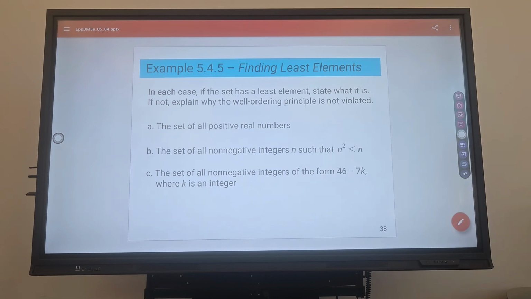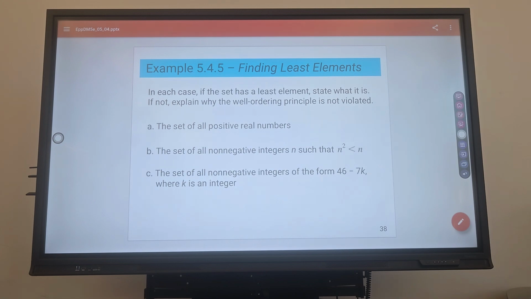That's an integer, not a real number. So it's not violated. There is no smallest, because you could always take a real number and divide it by 2 and get a smaller one. So there is no value, but it doesn't violate the well-ordering principle because they're real numbers, not integers. The well-ordering principle only applies to integers.